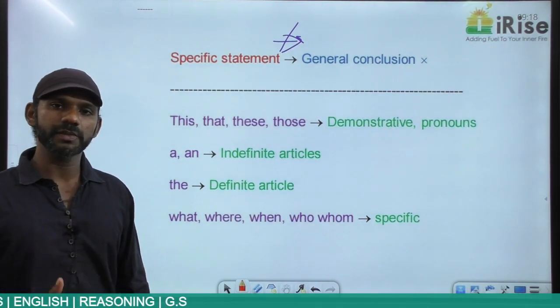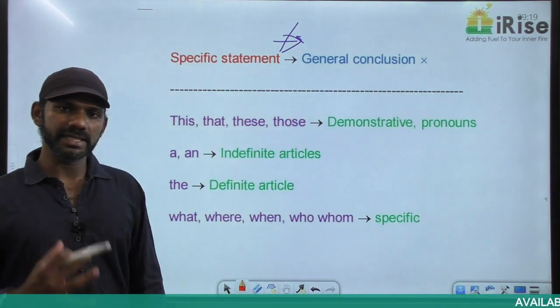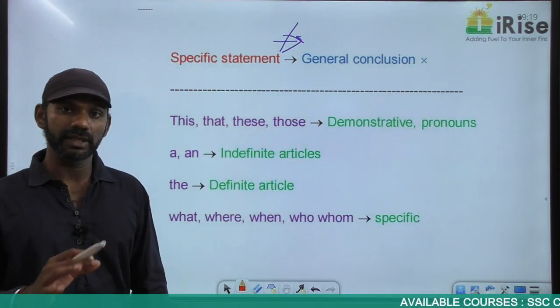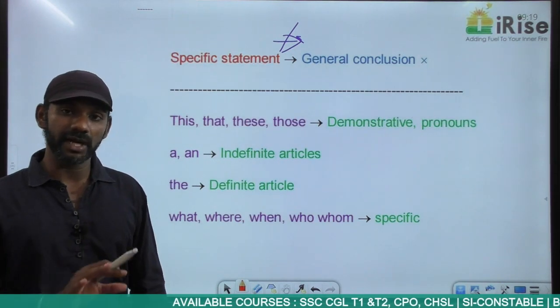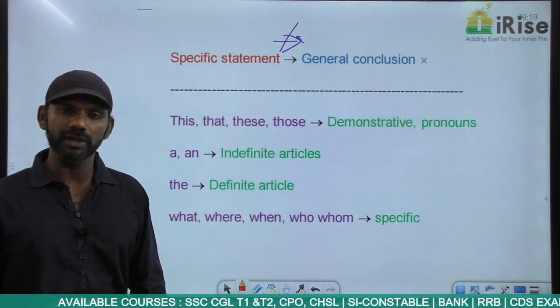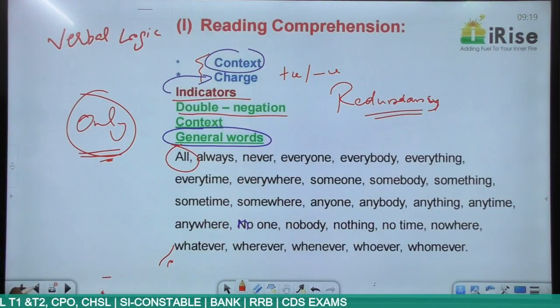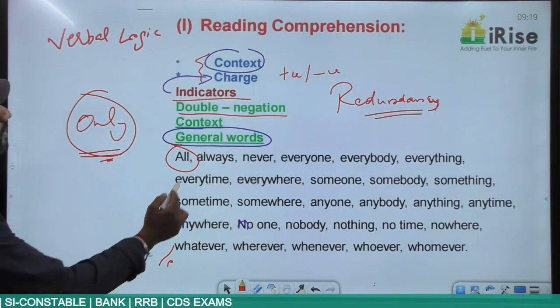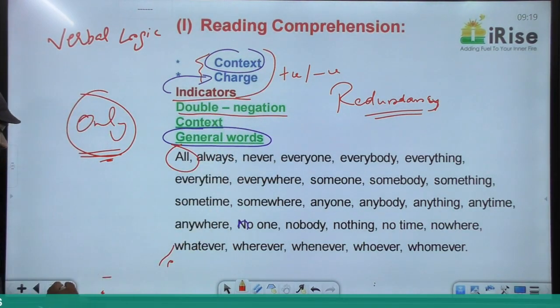We can select an option only if these two are satisfied. If the charge is satisfied, but the meaning is not, without thinking much, eliminate that option. So meaning and charge must be satisfied for us to go for an option. I'll give some examples.